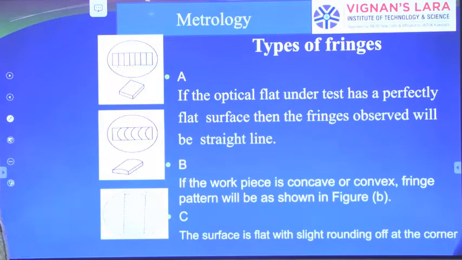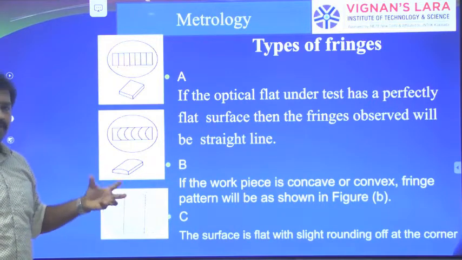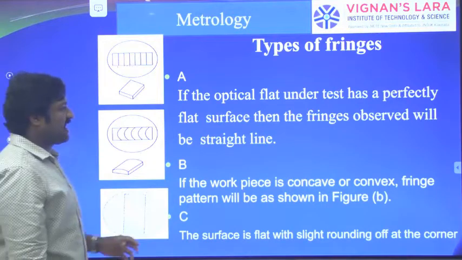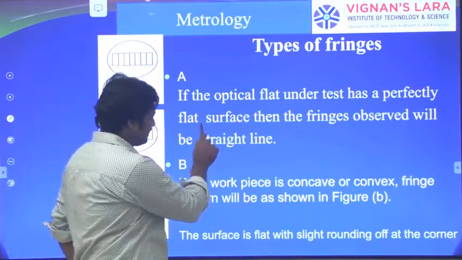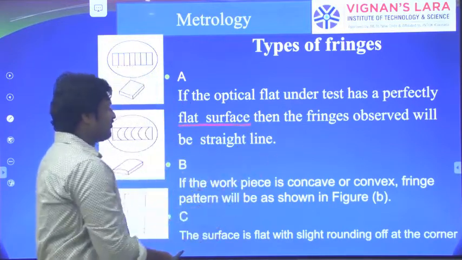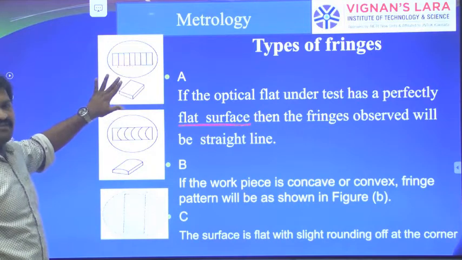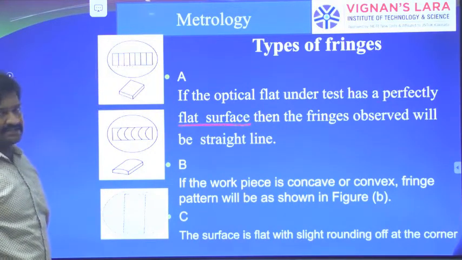Types of fringes: it depends upon the profile of the component. We have various types of fringes. If the optical flat under test has a perfectly flat surface, then the fringes observed will be straight lines. If the component is straight and has good flatness, the fringes obtained will be straight lines.